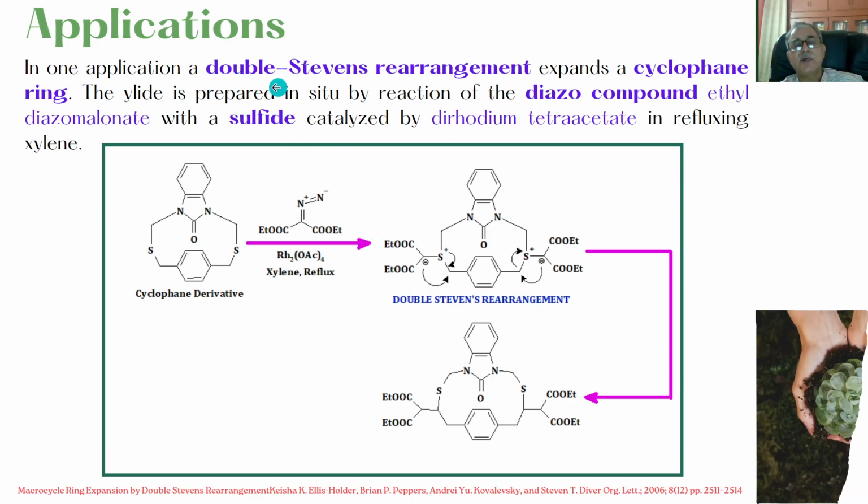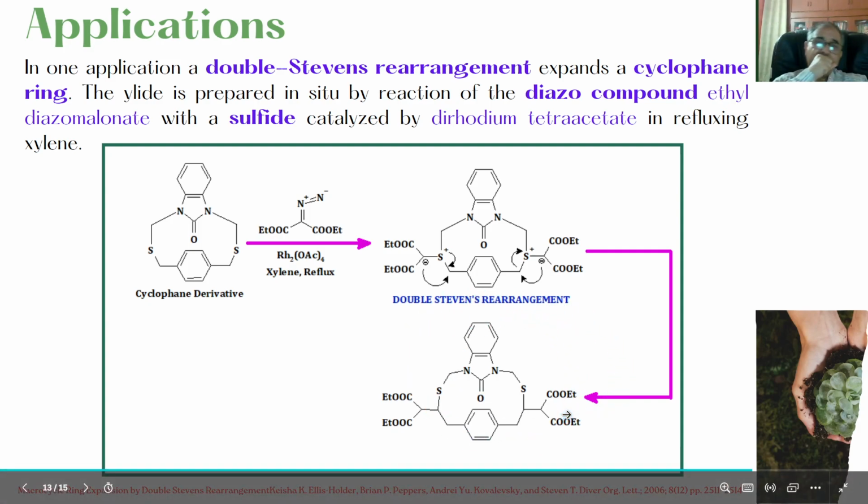Then next is double Stevens rearrangement. So when we have these types of cyclophane derivatives, where you can see we have two sulfide groups present, and when these are reacted with these types of diazo compounds derived from diethyl malonate, we will get double sulfur ylides, and these double sulfur ylides will then undergo double Stevens rearrangement to give us these types of products.